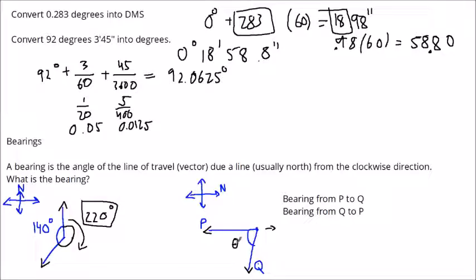Theta is a Greek symbol meaning angle. It's used to signify angle, so it's not x, it's theta. If we do the bearing in this direction, remember, because it's clockwise, it'll be 360 minus theta, and if we do the bearing from Q to P, it'll be just theta. So this is theta, and this is 360 minus theta.